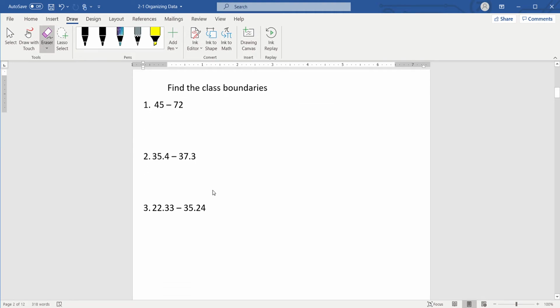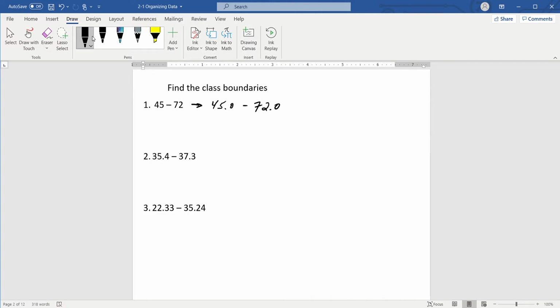So I want to find the class boundaries of these. So 45 and 72. What you do is you go out one more decimal place than what you're given. So this would then change into 45.0 to 72.0. Now, from that decimal value I just wrote, that is what you subtract 5 from or add 5 to.